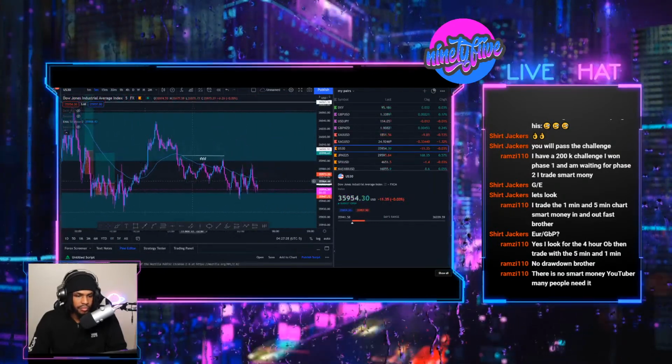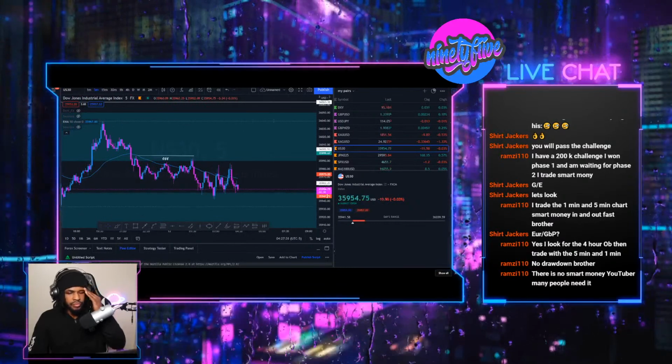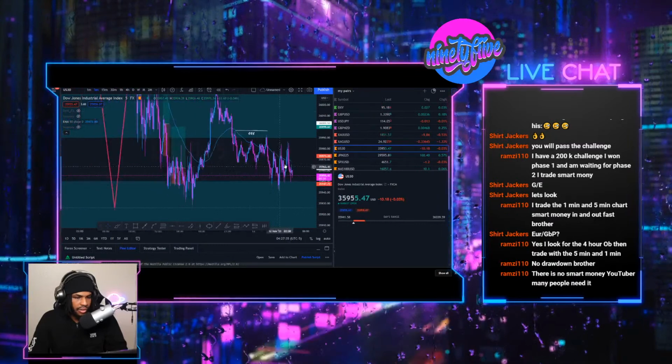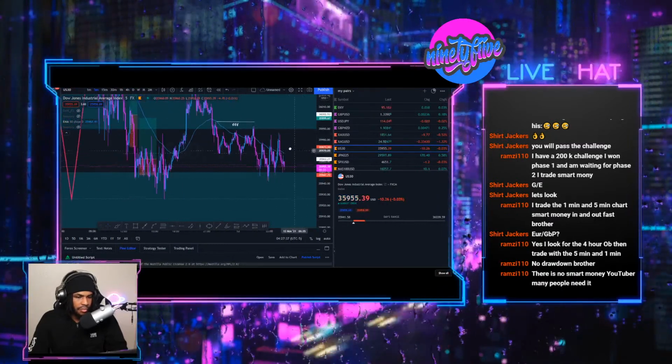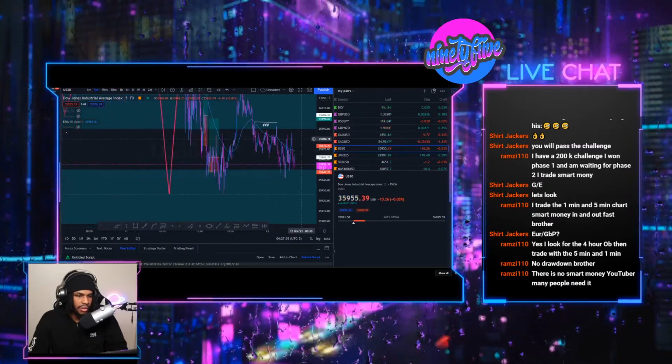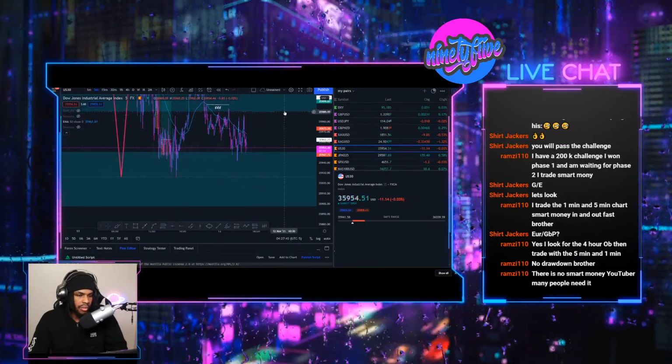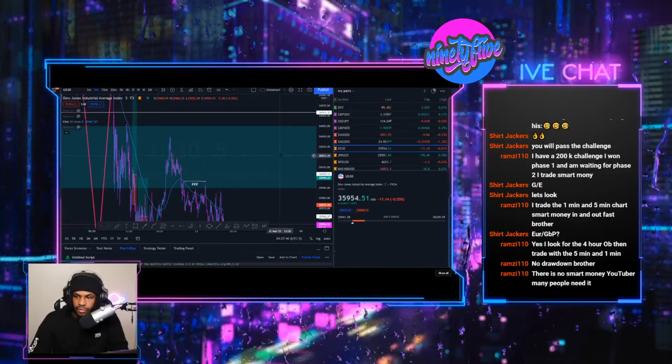And so yeah, GU is just consolidating right now, not doing anything too crazy. I would want to see it break this low and then maybe give a push up. That's what I look for with GU.